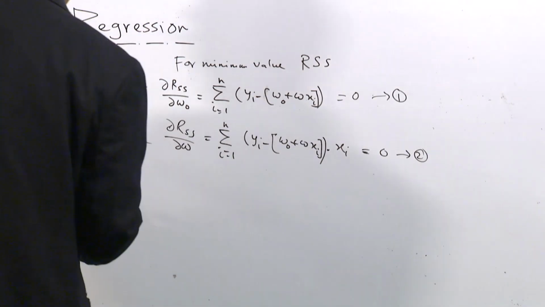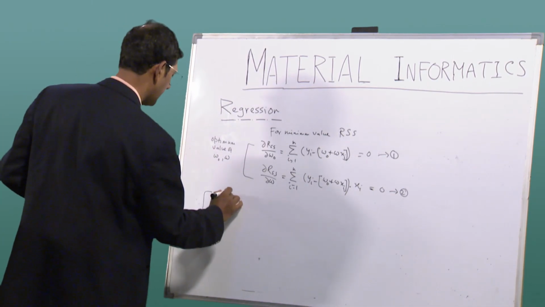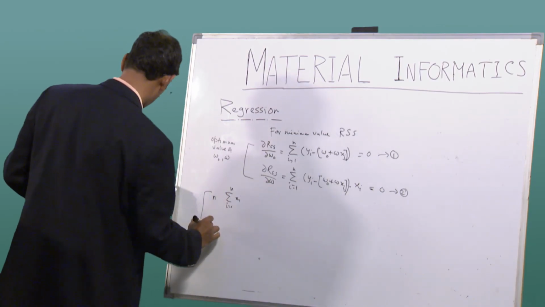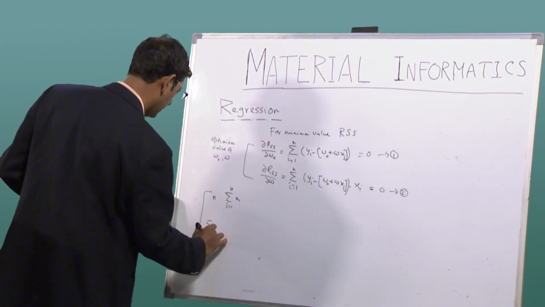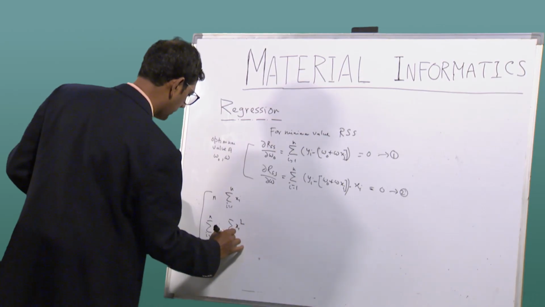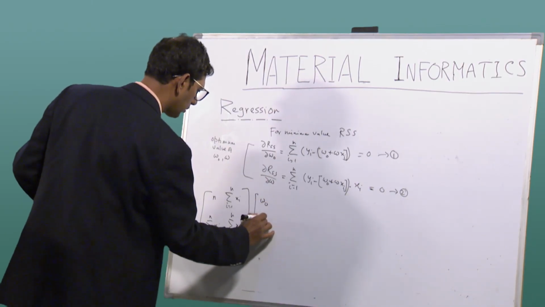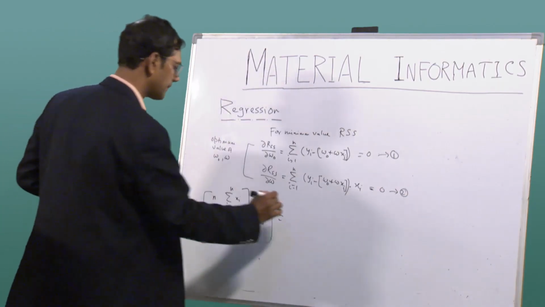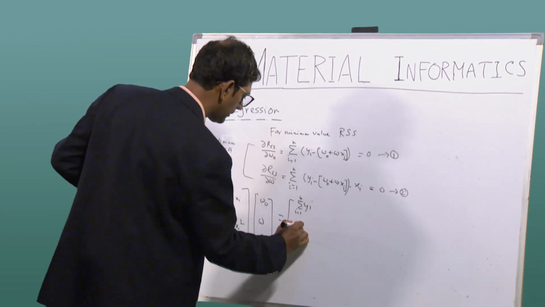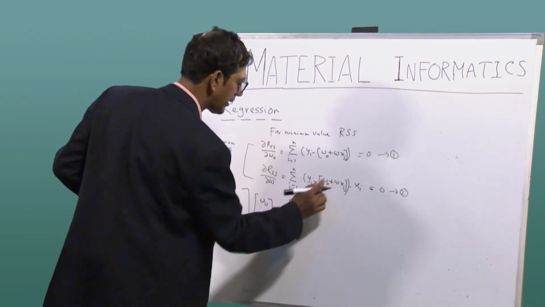So, I can write this in matrix form: n, sum over i from 1 to n of xi, sum over i from 1 to n of xi, sum over xi square, times W naught and W, must be equal to the sum over i of yi, and the sum over xi yi, because you have xi yi, right.